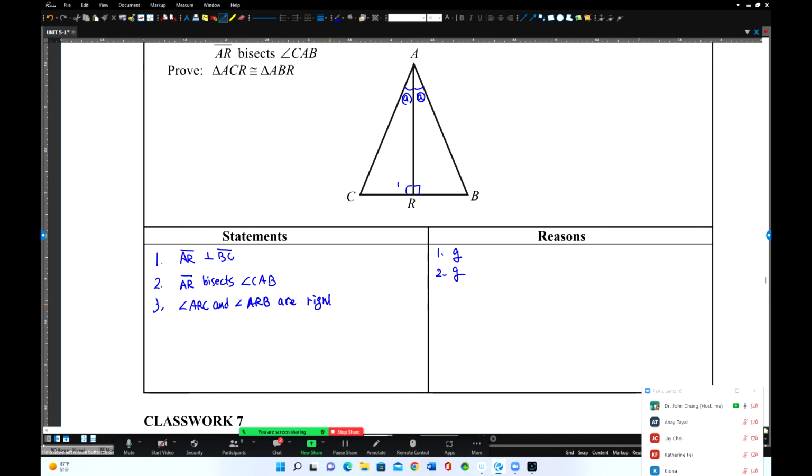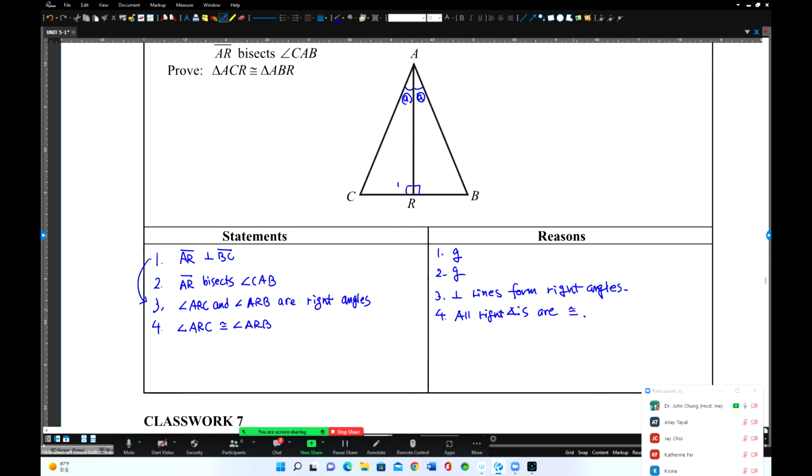When you have perpendicular, you have to go to the next step: perpendicular lines form right angles. Then triangle ARC and triangle ARB. The reason: all right angles are congruent.